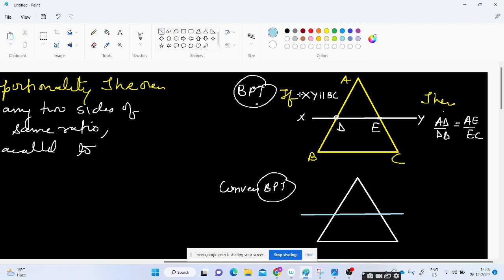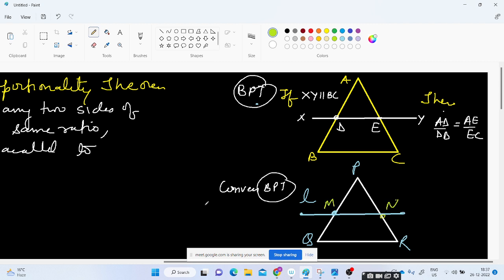So here in BPT, if XY is parallel to BC, here in converse of BPT, this is say PQR, this is M, and this is N. This is line L, and this is point M, and this is N.